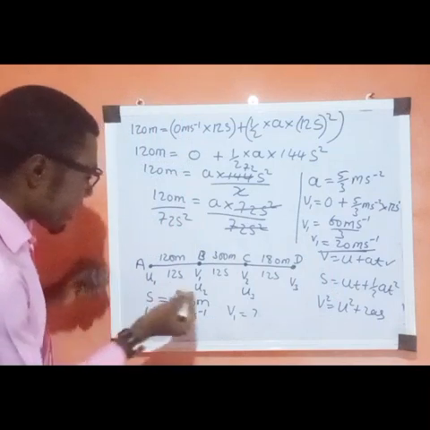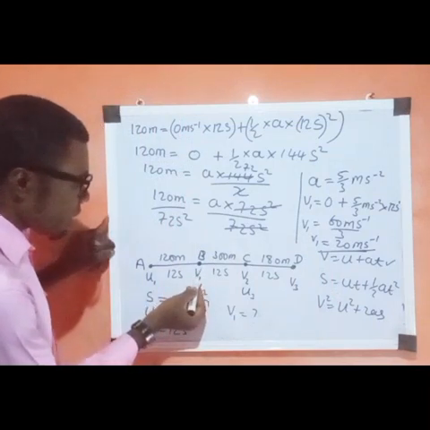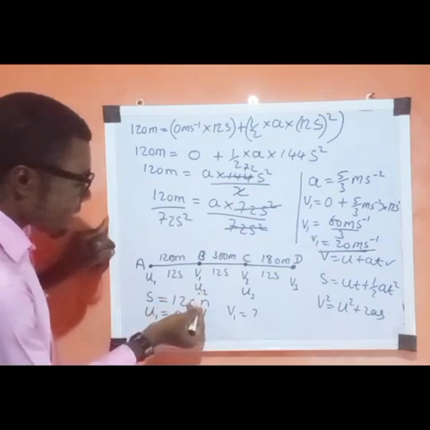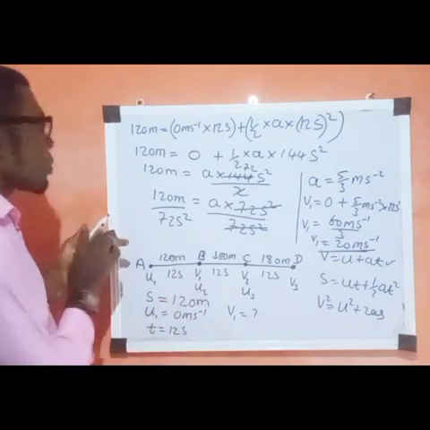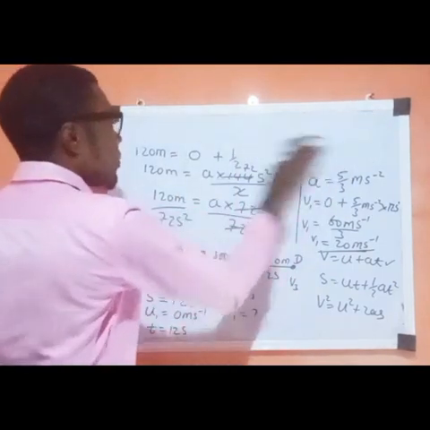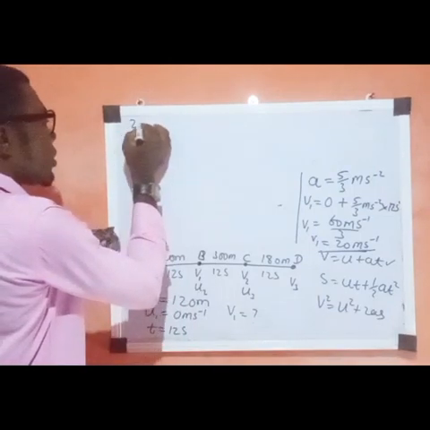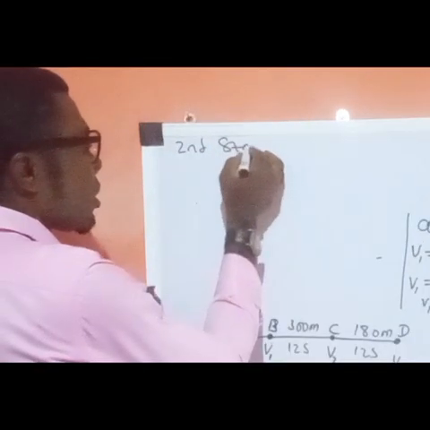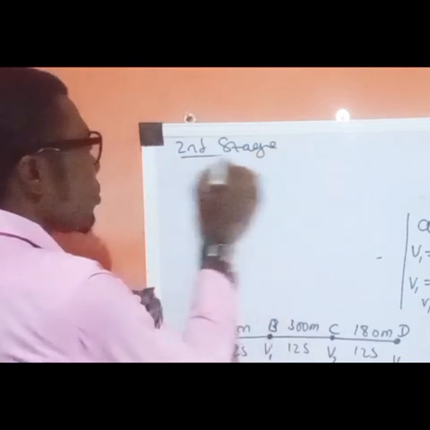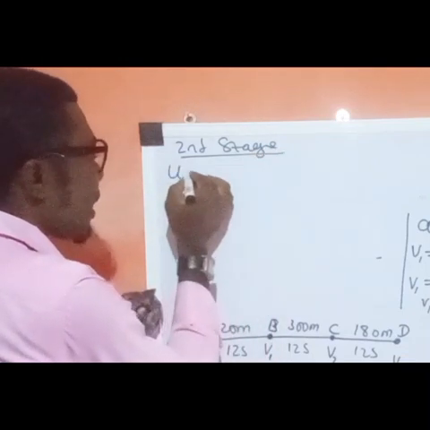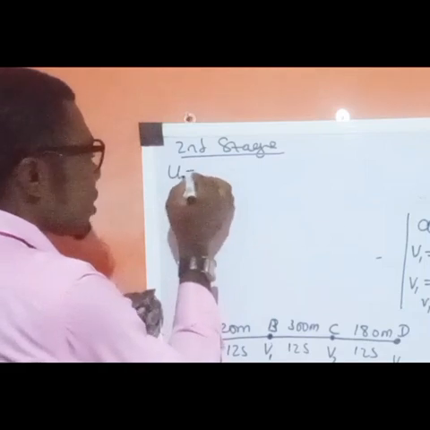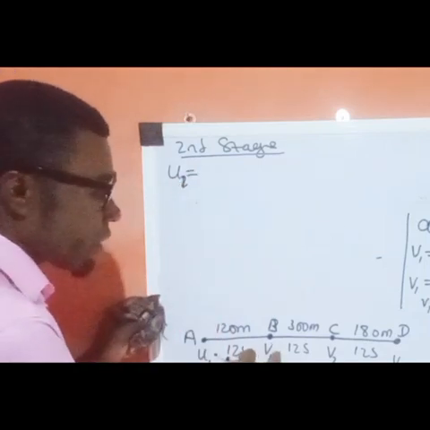From our diagram you can see now that V1 is 20 meters per second, and that is the same as U2. So that is for the first stage. Then in the second stage, U2 for the second stage is the same as V1.